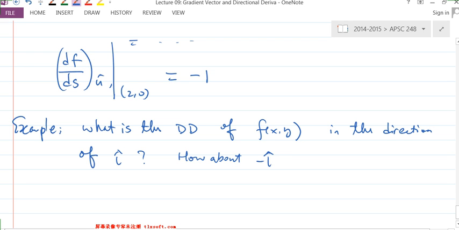Positive x. So you're walking in the positive x direction. Is the y changing? No. So what will be the directional derivative of this function then? Exactly. Partial f over partial x.